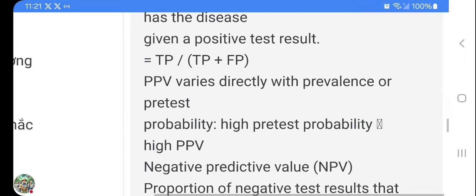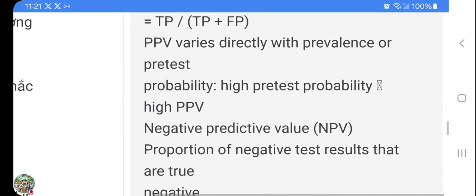Now talk about PPV and NPV. PPV stands for positive predictive value. This is directly related to prevalence, or pretest probability.